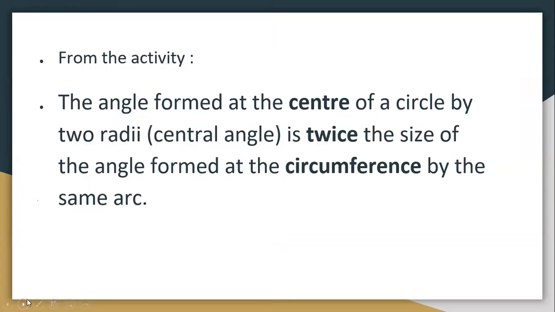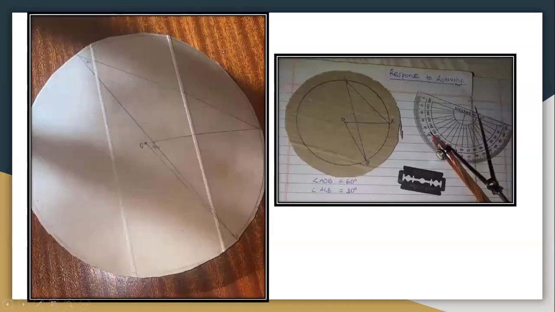But from whatever they did, and all those people who tried out, what you notice is that the angle at the center is always twice the angle you form at the circumference. When you look at this person, you can tell that this angle is 60 and this angle here is 30.